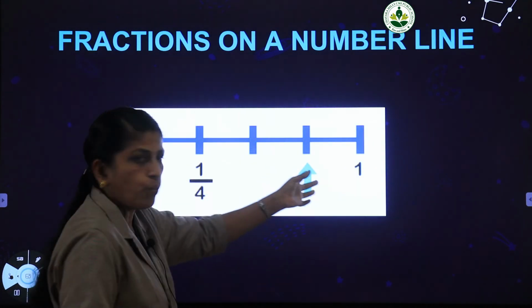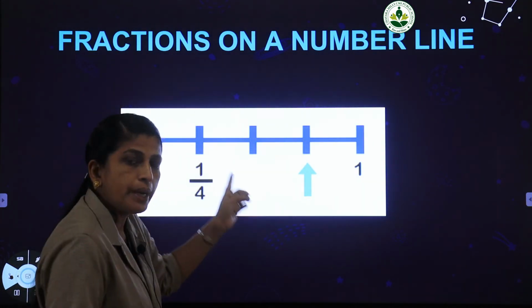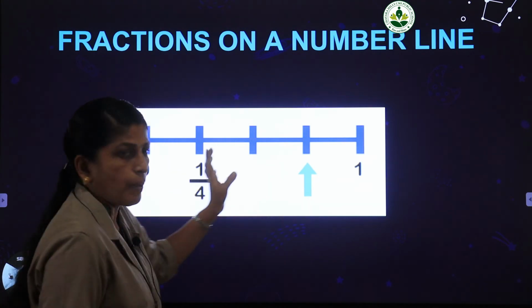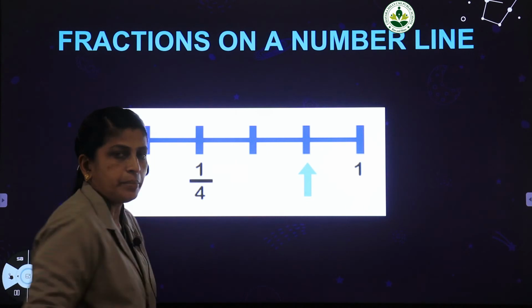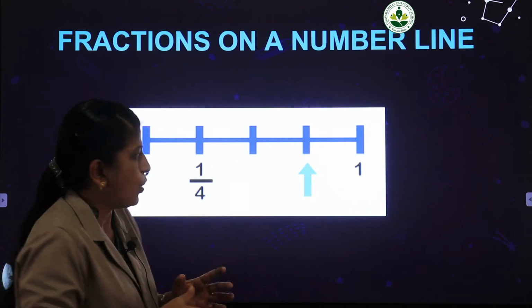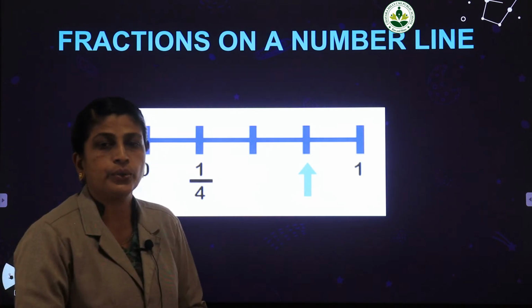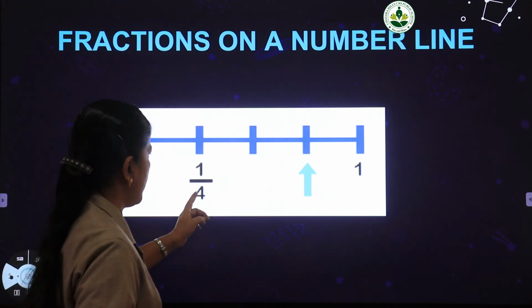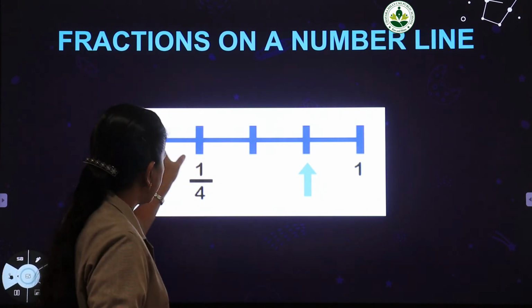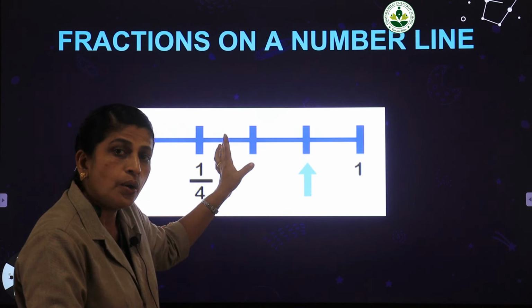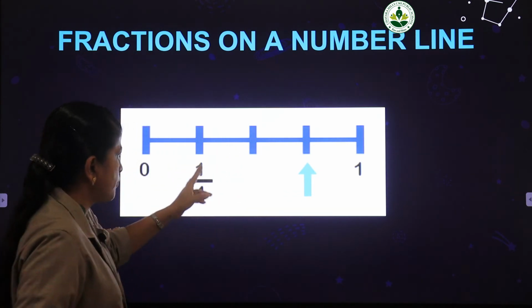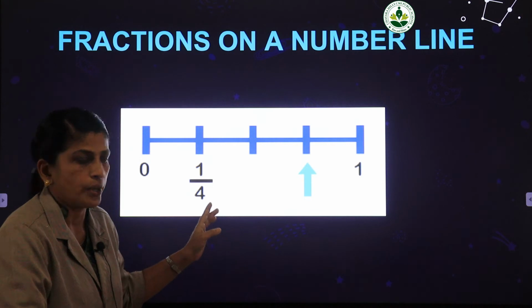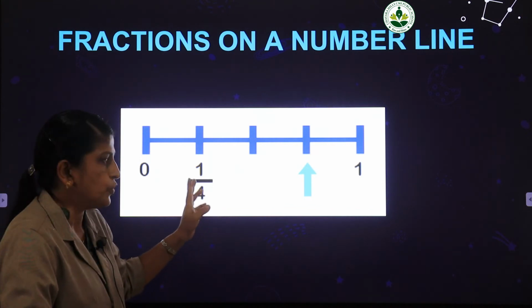How many equal parts are there? 1, 2, 3, 4. That means the whole is divided into 4 equal parts, and this is the first part. That means one part out of these 4 parts, so the fraction is 1 by 4 or 1 upon 4.